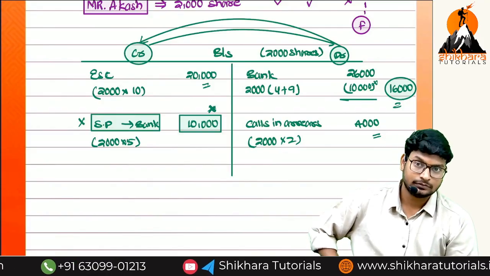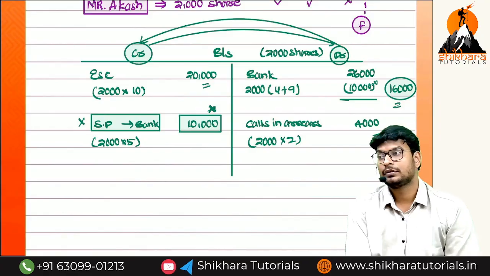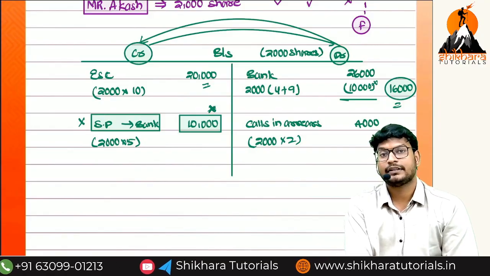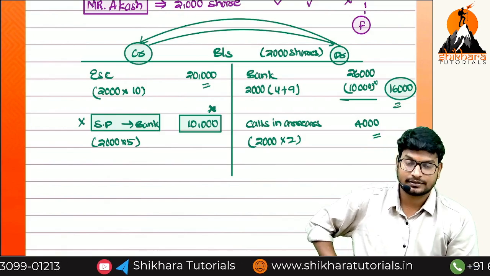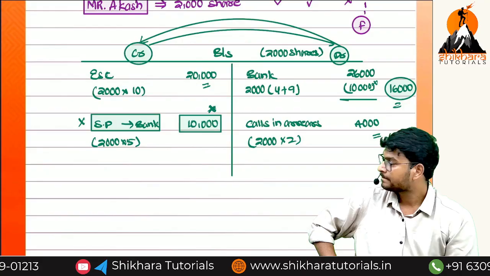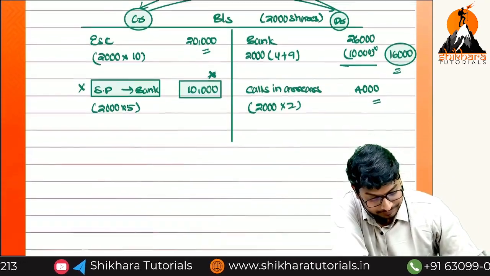Reissue, you know? Reissue, what we can do? We can issue at a discount. That discount is reduced from the forfeiture account. Okay, what is the entry?